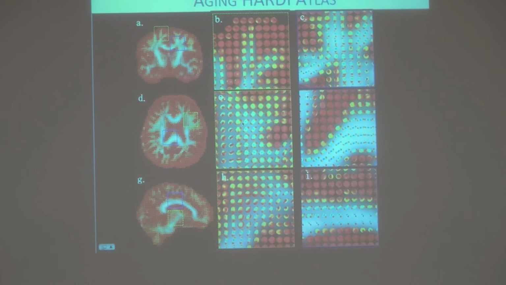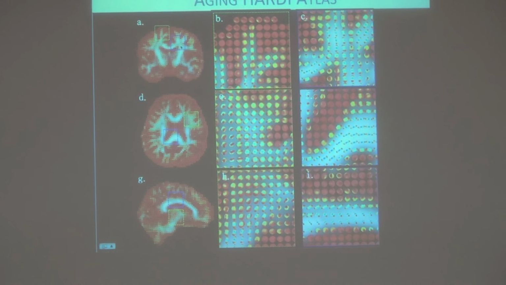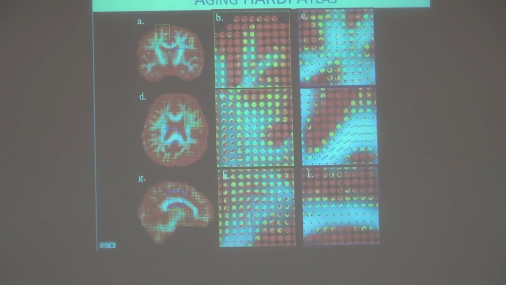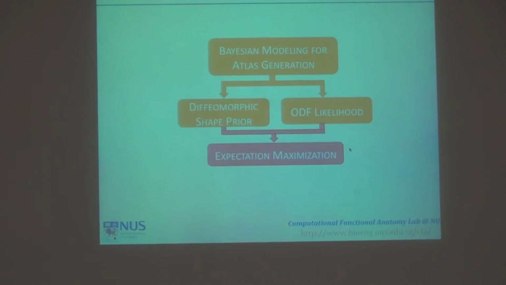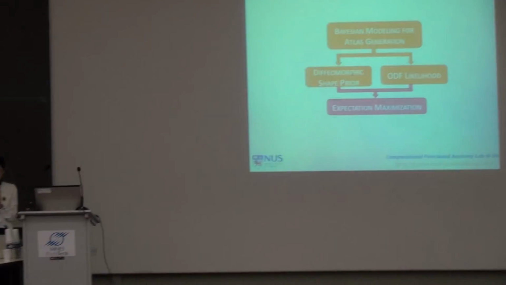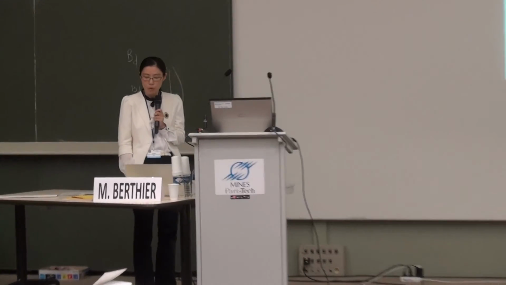In the regions near the corpus callosum, this atlas generation approach also retains very sharp information, with unique single bundles crossing the corpus callosum structures. To summarize, I introduced a Bayesian framework to compute the atlas for the white matter.